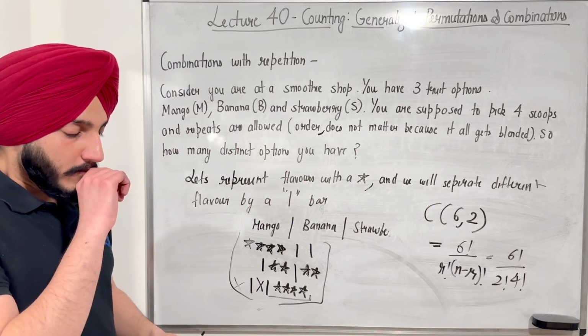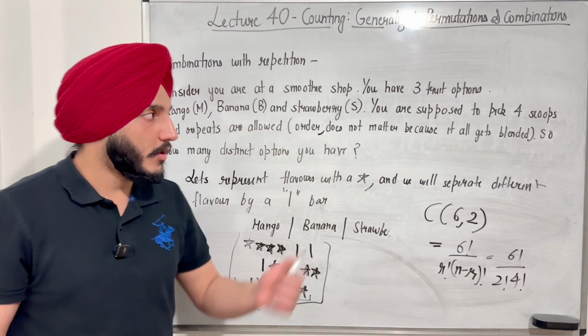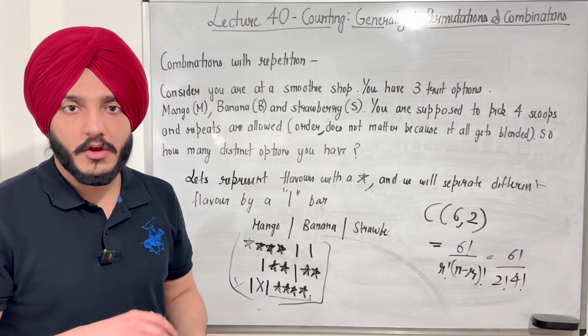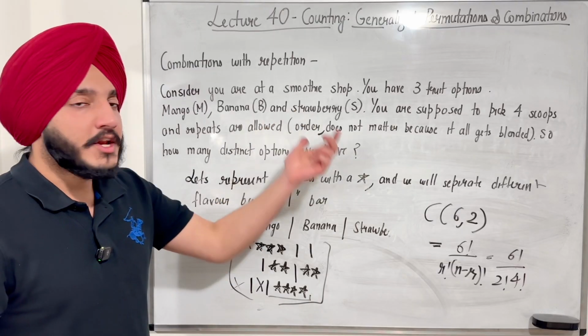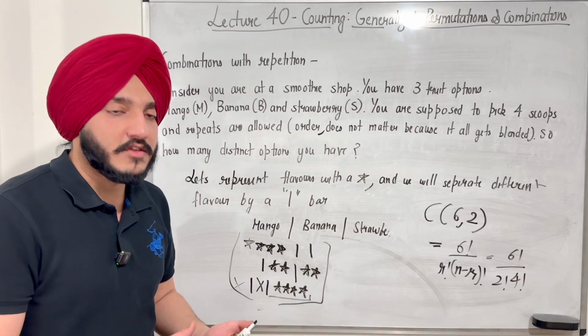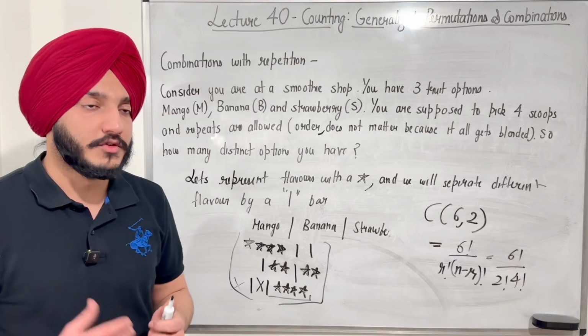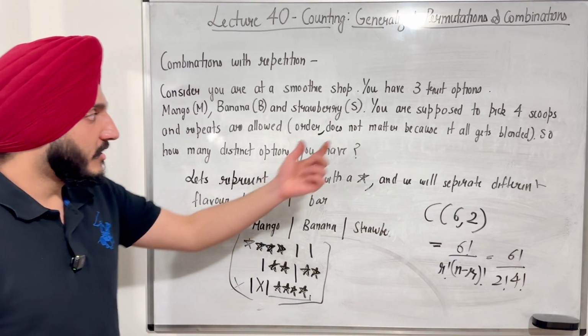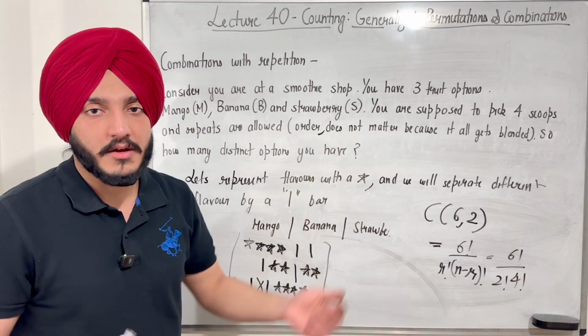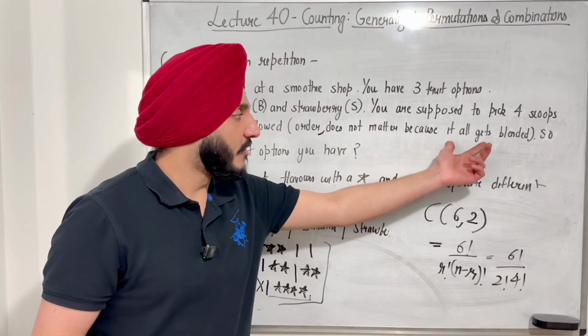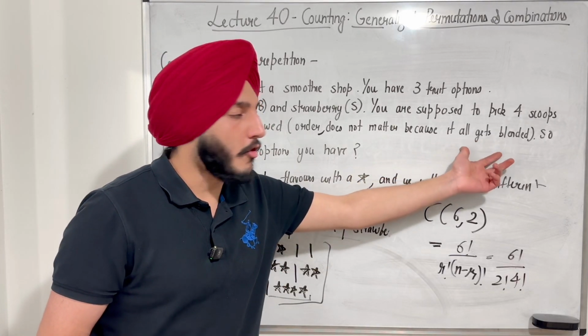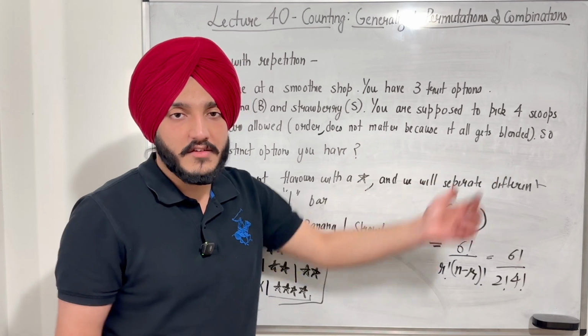That means you can pick mango as many times as you want, banana as many times as you want, and strawberry as many times as you want. Since repetition is allowed, this is different from the combination that we have covered so far. And the order does not matter, because they're all going to just get blended.